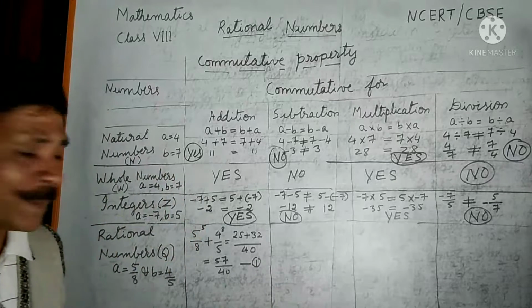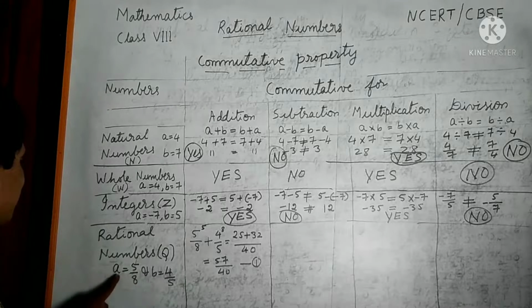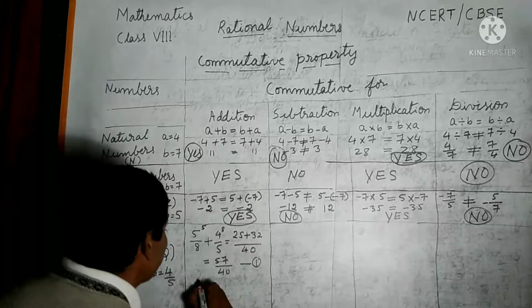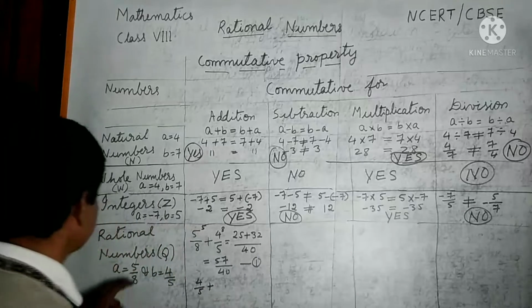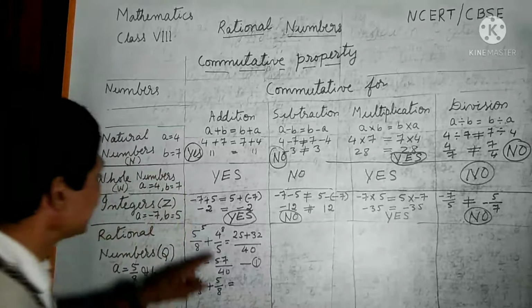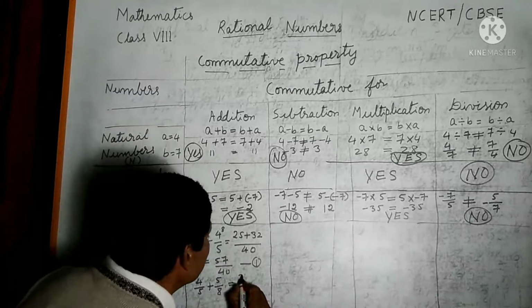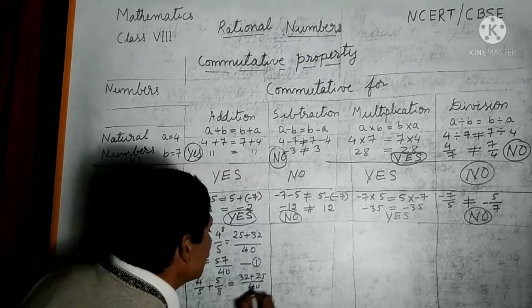Let us write 1 here. And now let us check b plus a. That means 4 by 5 plus 5 by 8, which gives the same 32 plus 25 by 40.